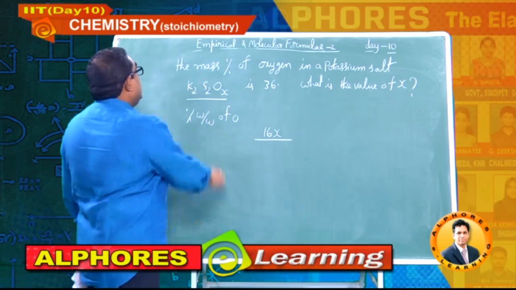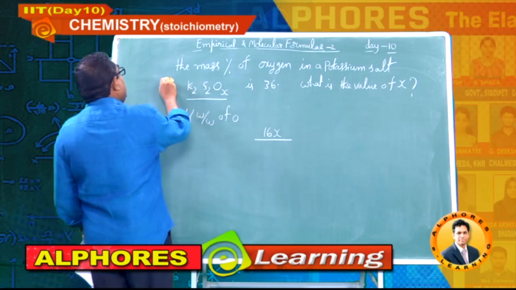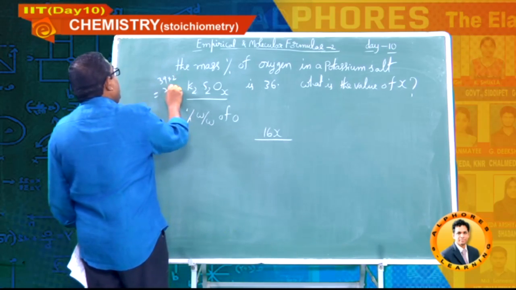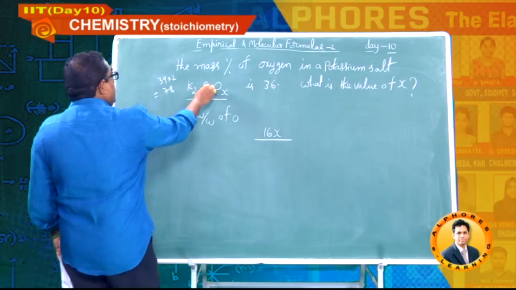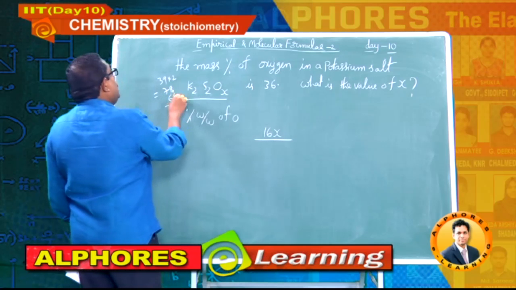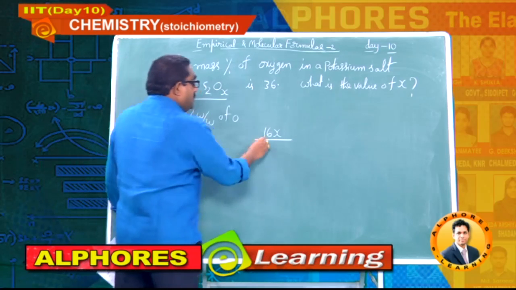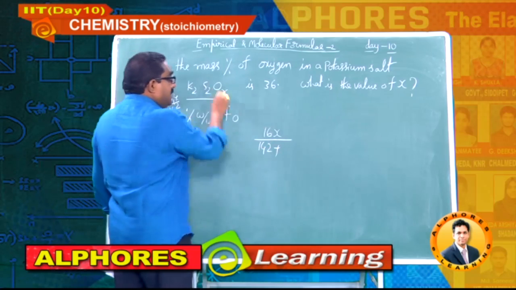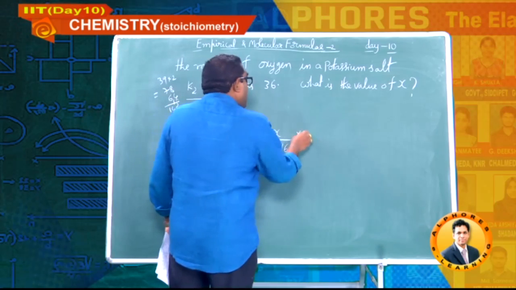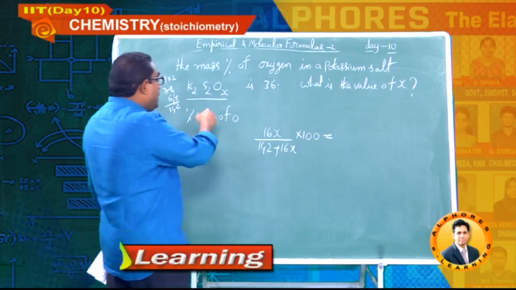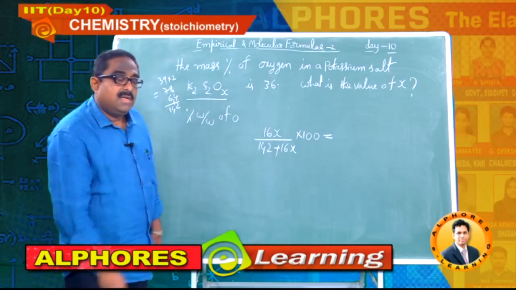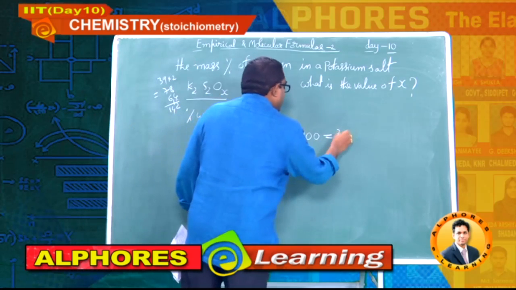This is over 2 into atomic mass of potassium 39, that is 78, and that of sulfur is 32, 2 into 32, 64. So 78 plus 64 is 142, plus oxygen 16x. This is the mass percent of oxygen present in this compound. That is what exactly he has given as 36.